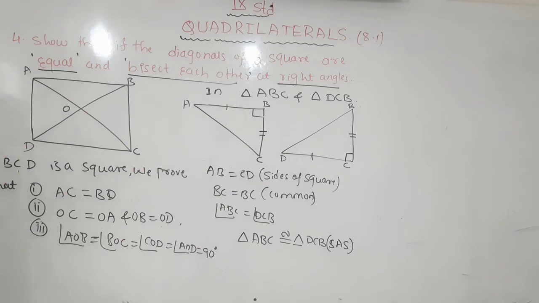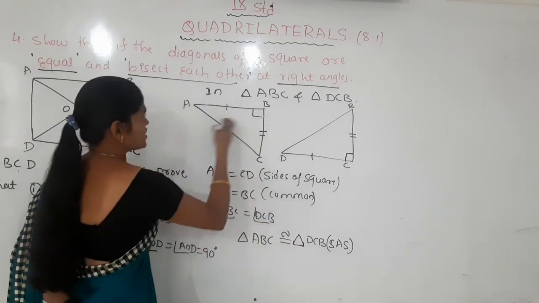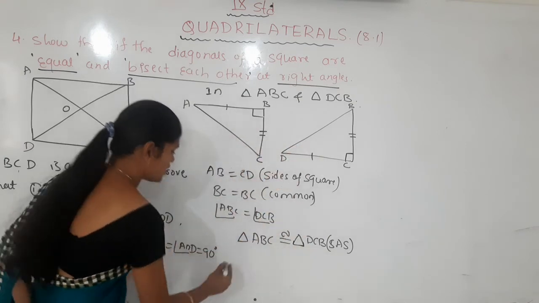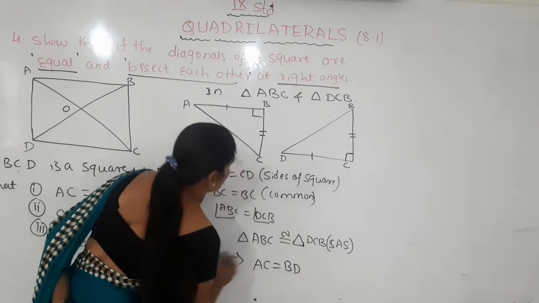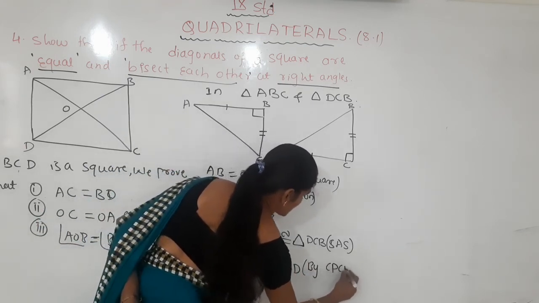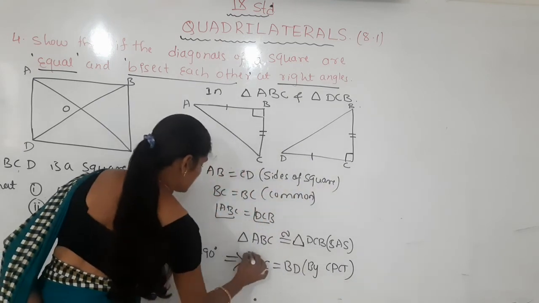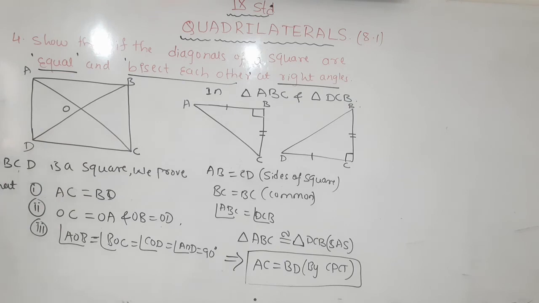If these two triangles are congruent, then the corresponding parts are equal. This implies AC is equal to BD by using the CPCT. What is the CPCT? Corresponding parts of congruent triangles are equal. Our first proof. Then we have to prove that OC equal to OA and OB equal to OD.